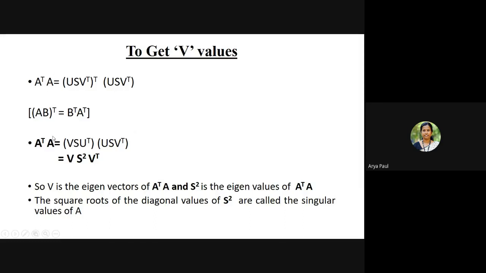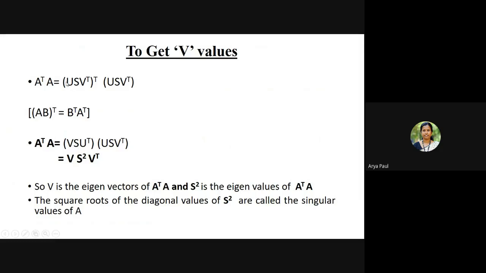So U S V transpose whole transpose becomes V transpose transpose, which is V itself, then S transpose. What is S transpose? S transpose is the same as S, because S is a diagonal matrix. You have only the diagonal elements, all the other elements are zeros, isn't it? So S transpose will be equal to S.